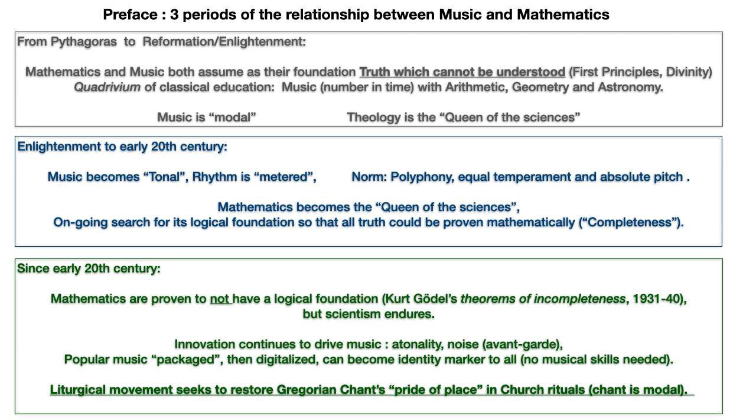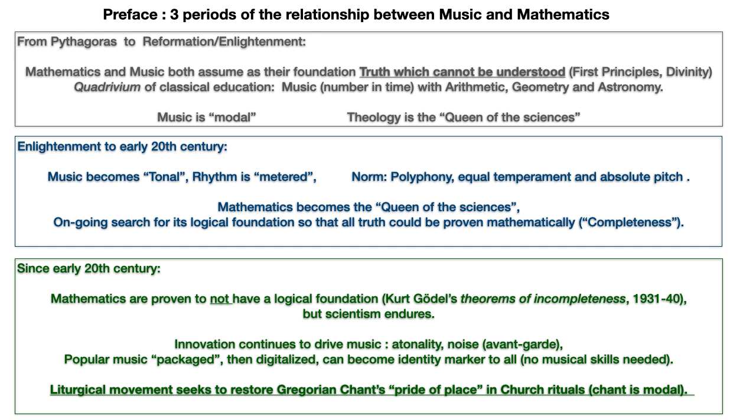Yet scientism, the faith that science can explain everything, endured and grew. We have scientism all around us today, yet it was proven that mathematics does not have a logical foundation. Innovation also continued to drive music with atonality, with noise in avant-garde music, including the noise of the street; any kind of music that could be made with an instrument is an example.